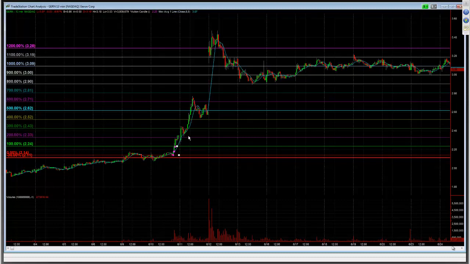Now, each of the lines drawn above that green line represents a multiple of risk, and these are my reward lines. As you see me moving my cursor up and down, that really represents the multiples of risk that that stock is making me. So at the purple line, I was making a 1-to-1 reward for risk. At this next green line, I was making 2-to-1.